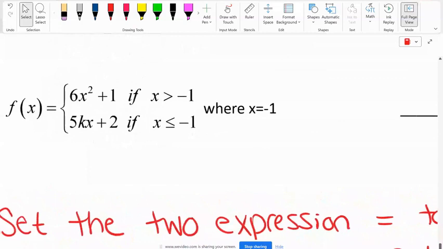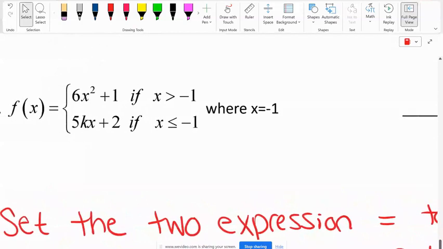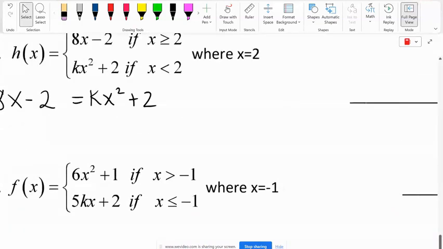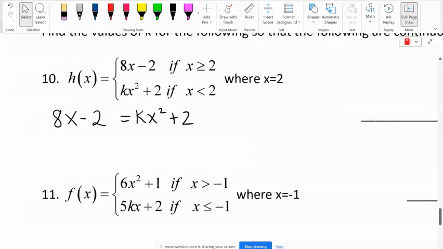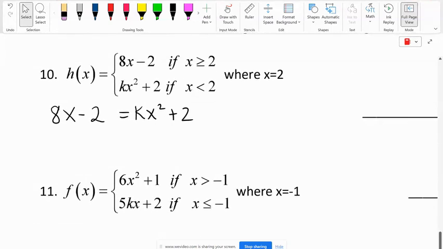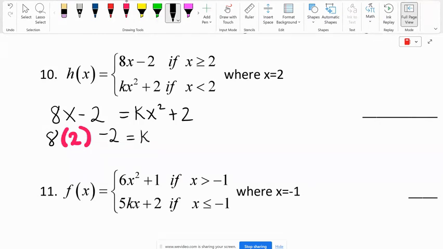What number is our domain restriction based around? 2. Yes, 2. Good. Our domain restriction is 2. So that means we're going to take that 2 and plug it in for x. So we're going to say 8 times 2 minus 2 is equal to k times 2 squared plus 2.